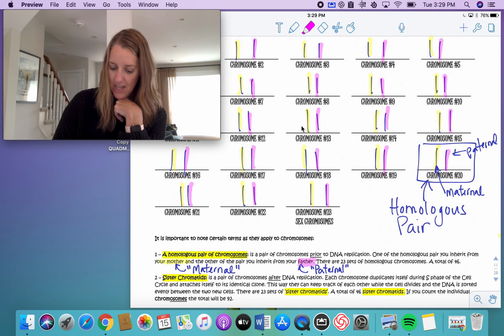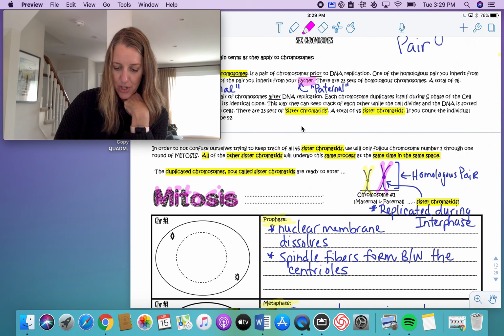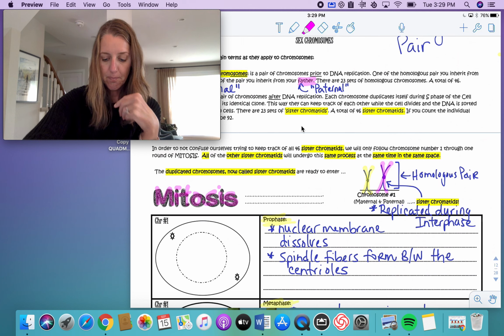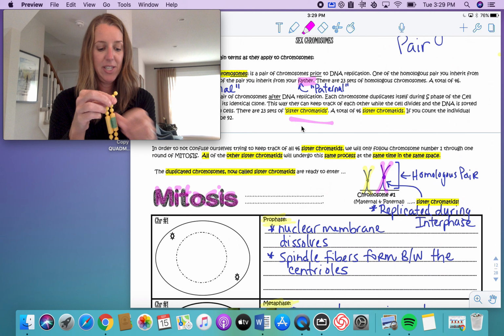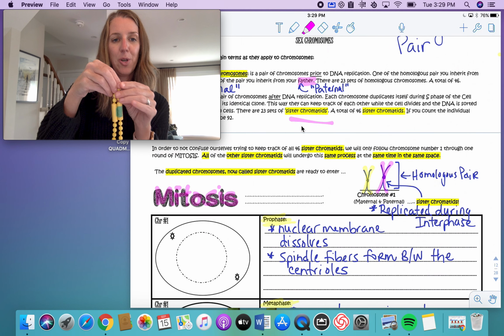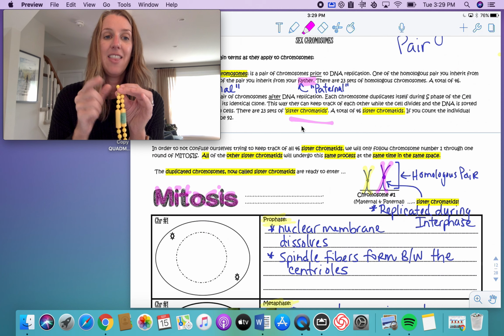A few other details here. There's one more terminology that we want to talk about: the concept of sister chromatids. Again, you've got a replicated chromosome. Because these two are identical, they are called sister chromatids.